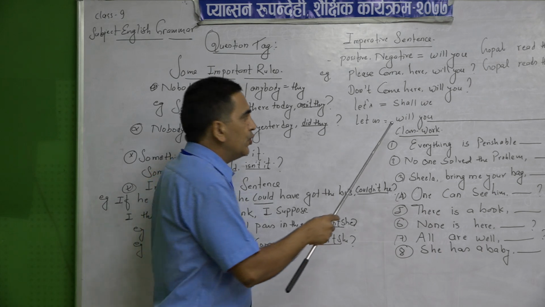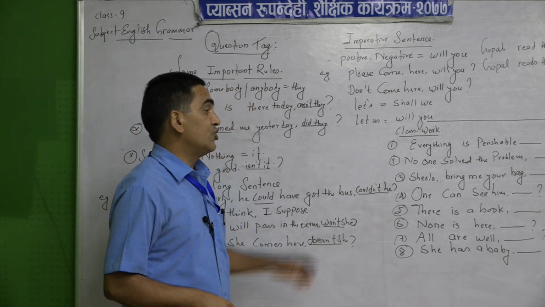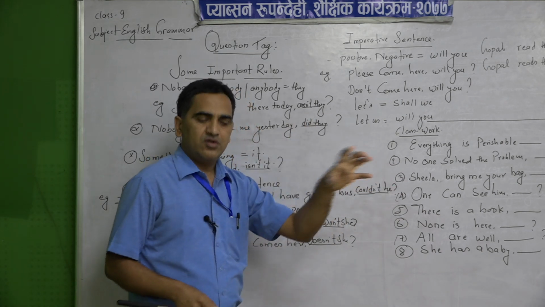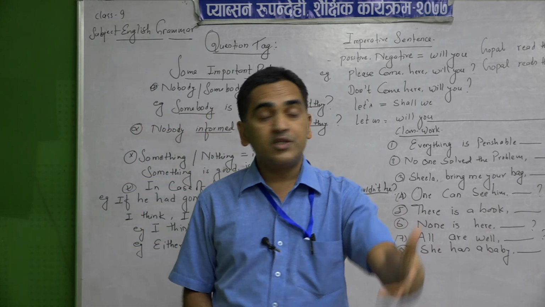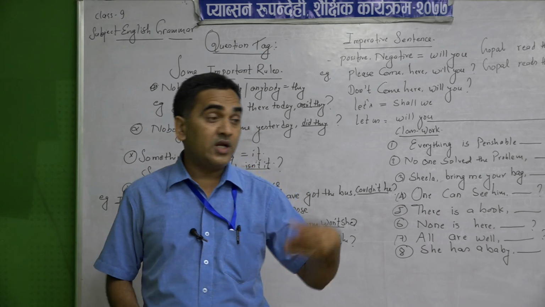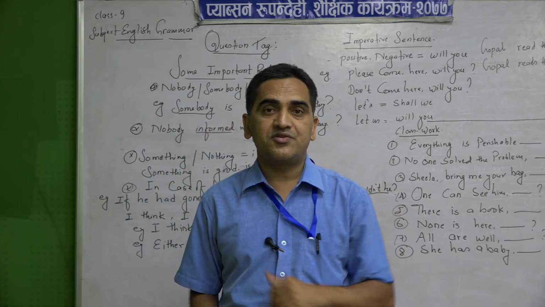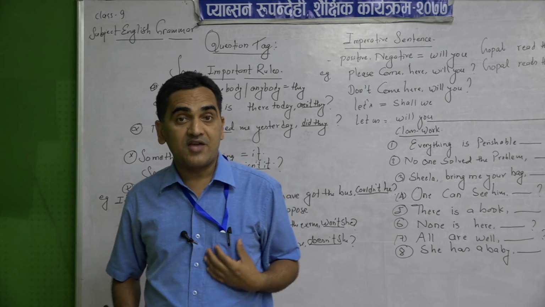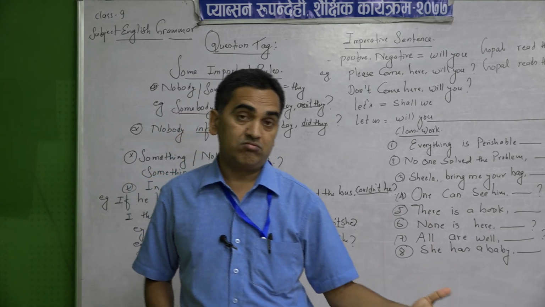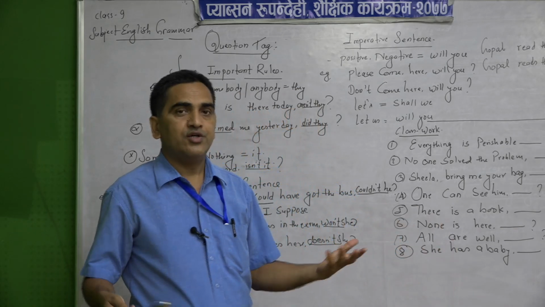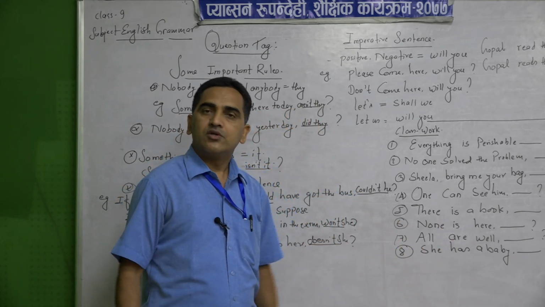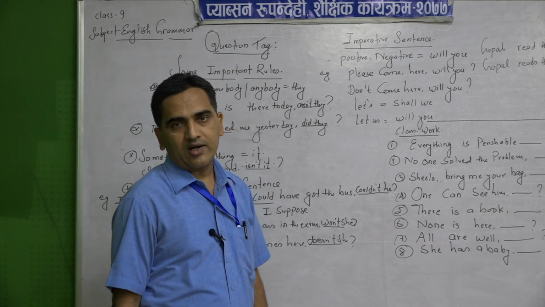The question tag will be will you. Alright, so these are the basic rules you have to keep in your mind before doing the question tag exercise. Before doing the exercise you must read the rule. Then you go through the exercises, then you can do nicely, otherwise you cannot solve the questions correctly.